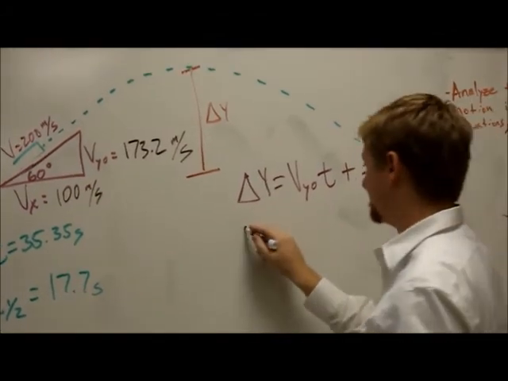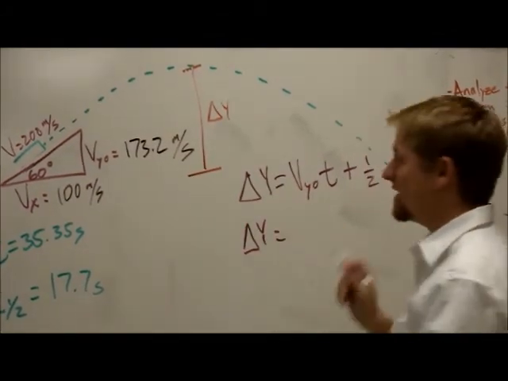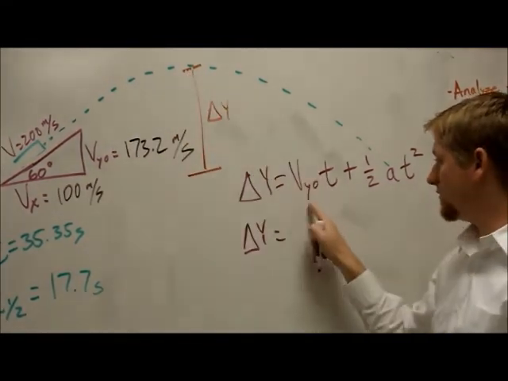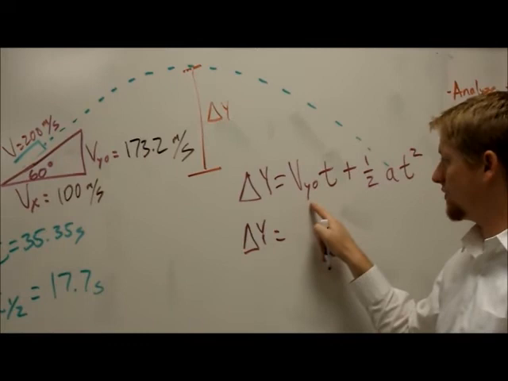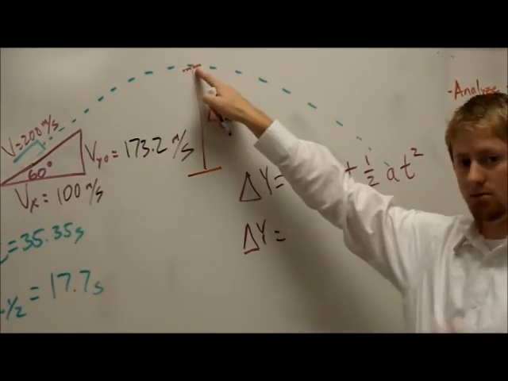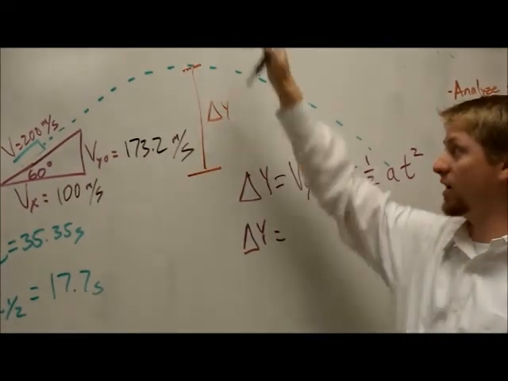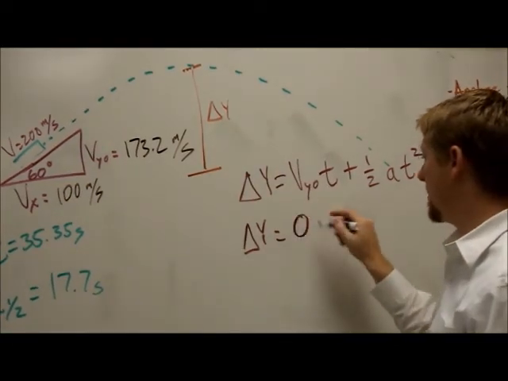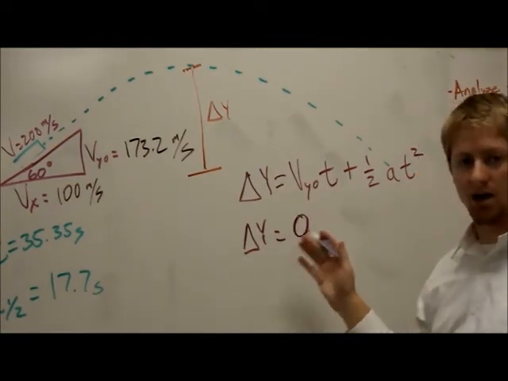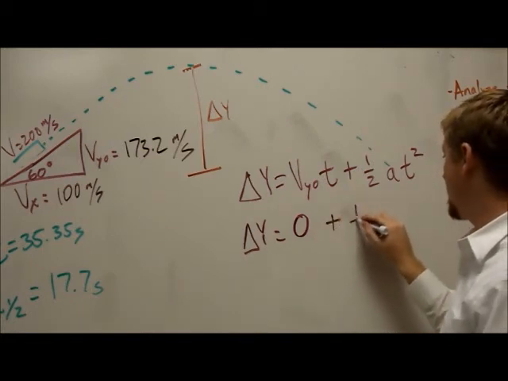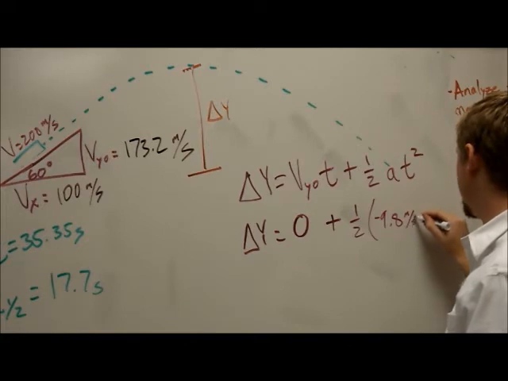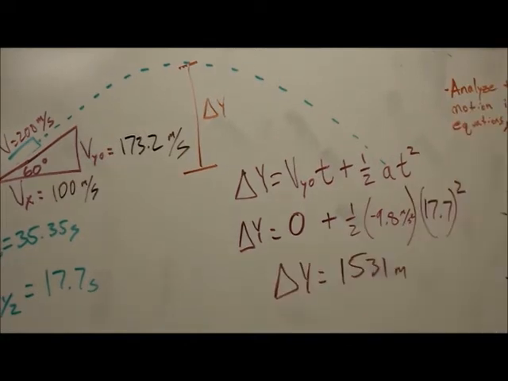Delta y equals, if that's the case, and we know that this is the top of the arc here, then this initial vertical velocity Vy0 up at the top is 0. It's not going up anymore, it's not going down anymore, so that is 0. So that's 0 times our time, doesn't matter, right? Plus 1/2 times negative 9.8 meters per second squared, times our time.